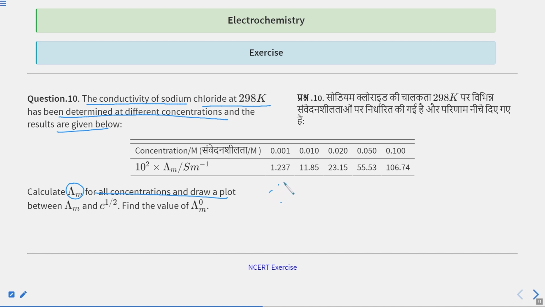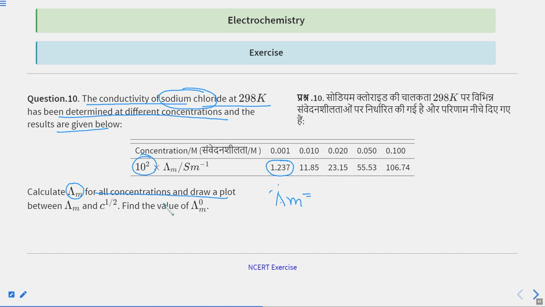We are given the conductivity of sodium chloride, so it is a strong salt. So we have to calculate lambda m. Why is it written to calculate it? Because it is 10 square, so when you divide by 10 square, you will get your final value. Right?